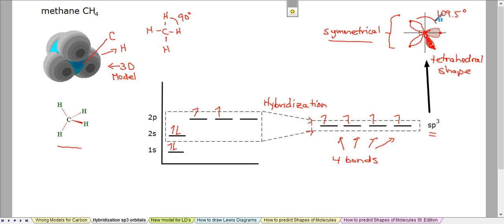So we can take this model and apply it to these two representations of the molecule of methane, and we can see that we've got the bond angle of 109.5 degrees. We can see that here as well, and all four hydrogens are at that same angle.